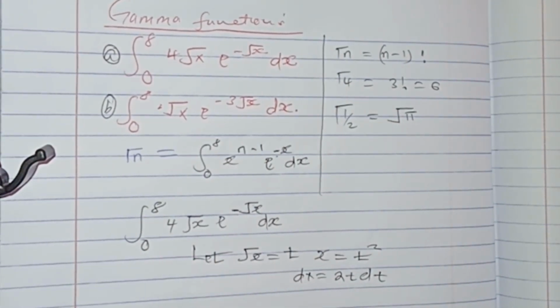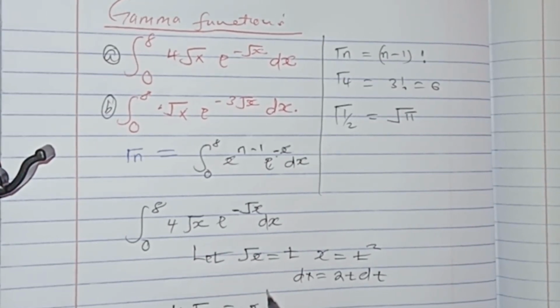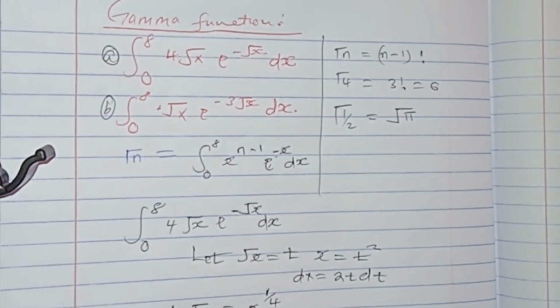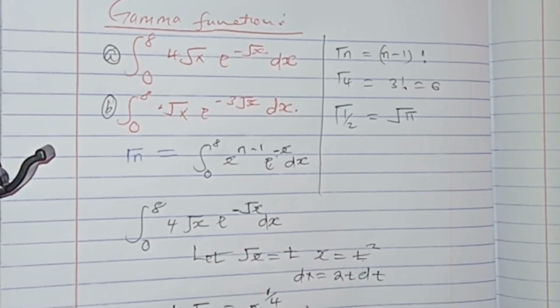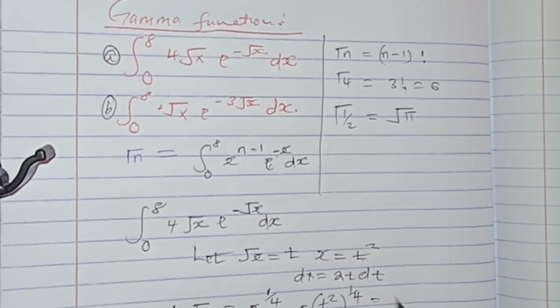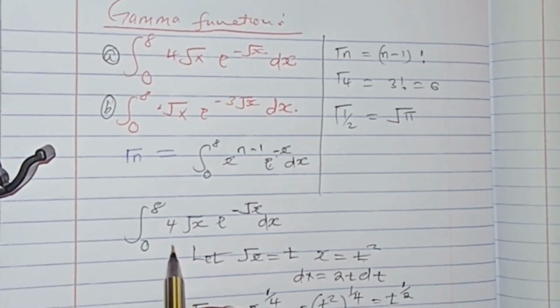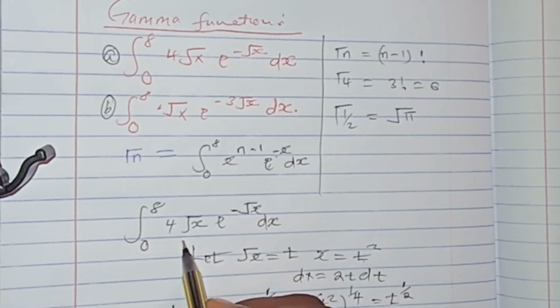Again, the fourth root of x is equal to x raised to the power quarter, and x is equal to t squared. So t squared raised to the power quarter is equal to t raised to the power half. So we transform this integral from x to t.